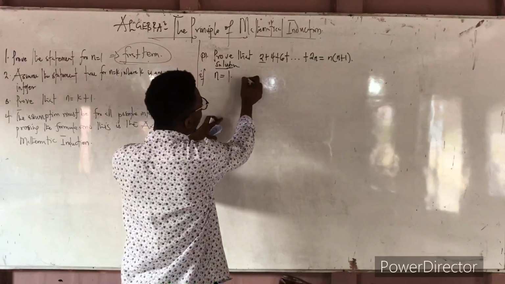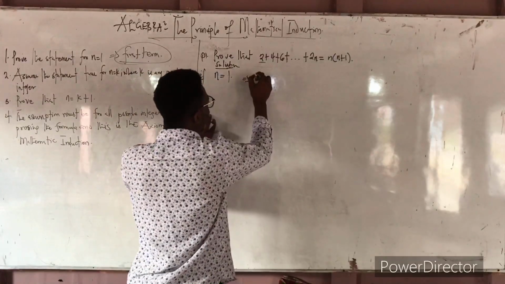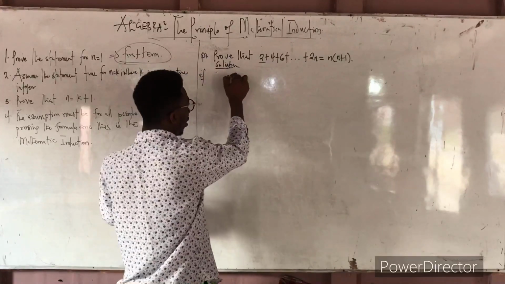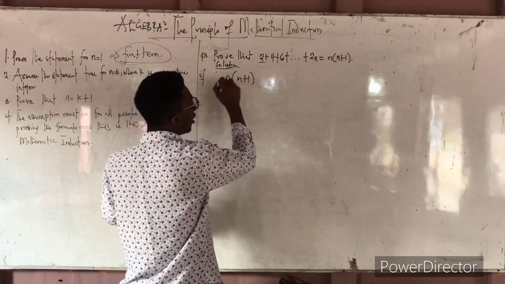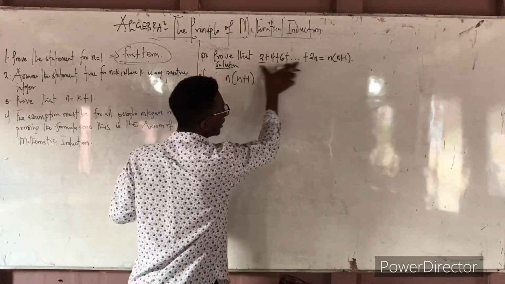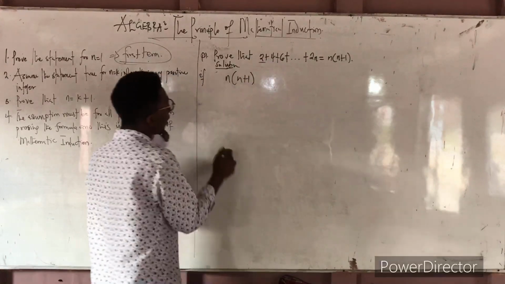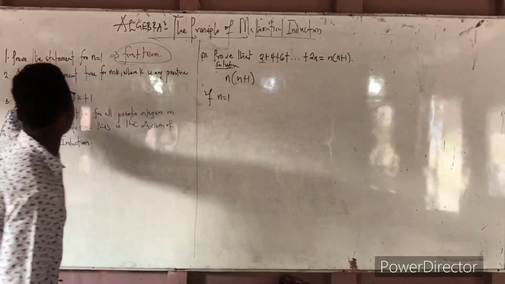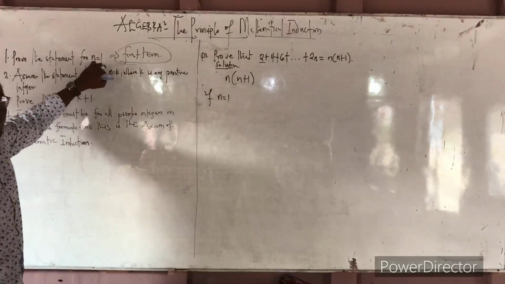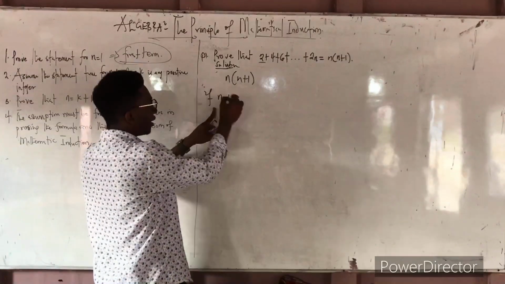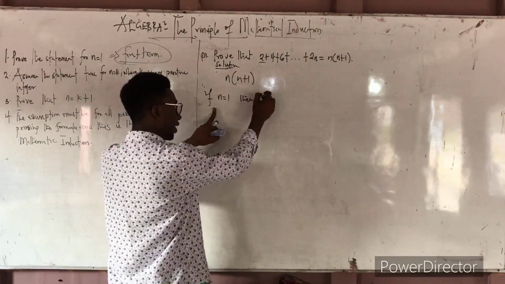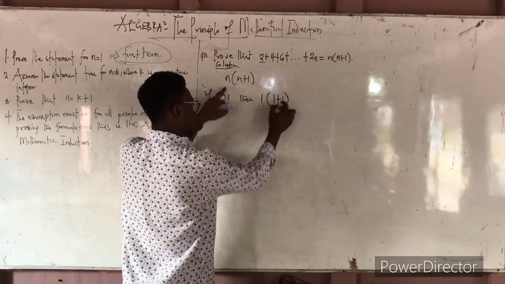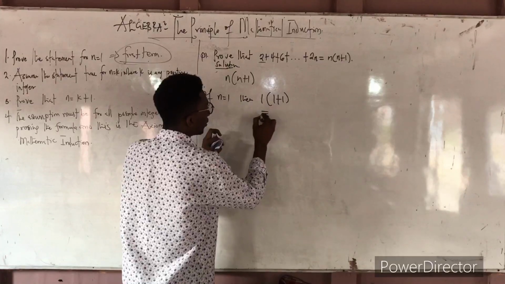Coming to the right hand side, the formula is n into bracket n plus 1. So if n is equal to 1, in the first instance you prove that the statement for n equal to 1 is true. In the formula, 1 into bracket 1 plus 1 will give you what?